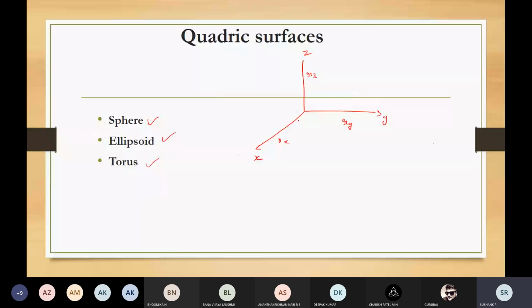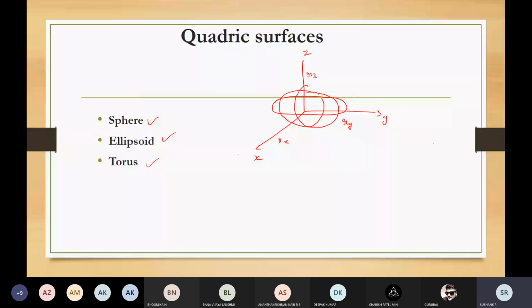So I can draw the diagram like this one. So this is the radius along one axis, this will be along another axis, and this is along one axis. So see, one is along the y-axis.